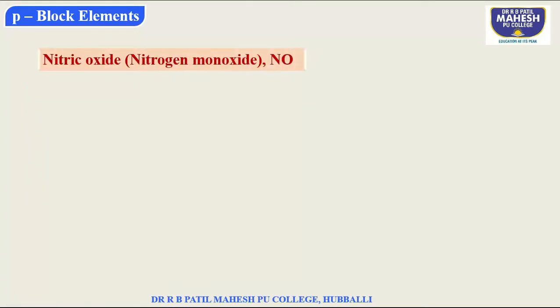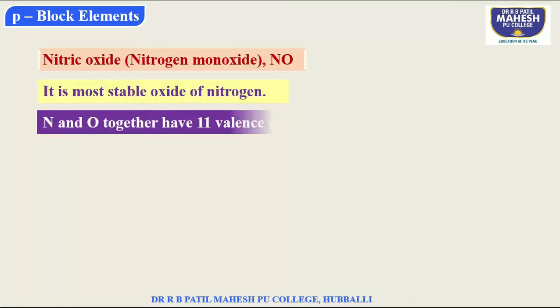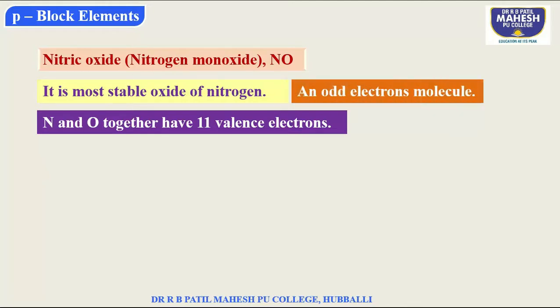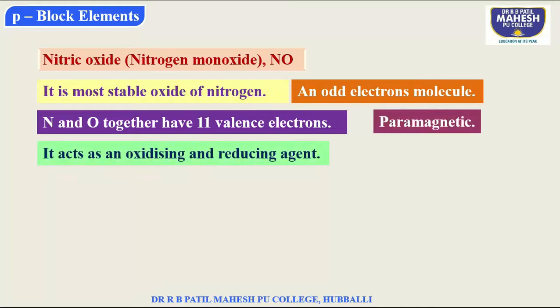The next oxide is nitric oxide or nitrogen monoxide, NO. It is the most stable oxide of nitrogen. Nitrogen and oxygen together have 11 valence electrons. That indicates there is one unpaired electron, an odd electron molecule. Hence it is paramagnetic in nature. It acts as an oxidizing as well as a reducing agent. These two structures are the Lewis dot structures of nitrogen monoxide.